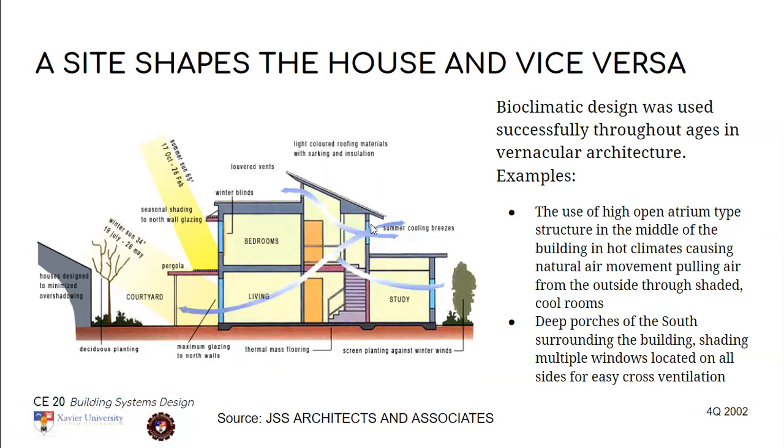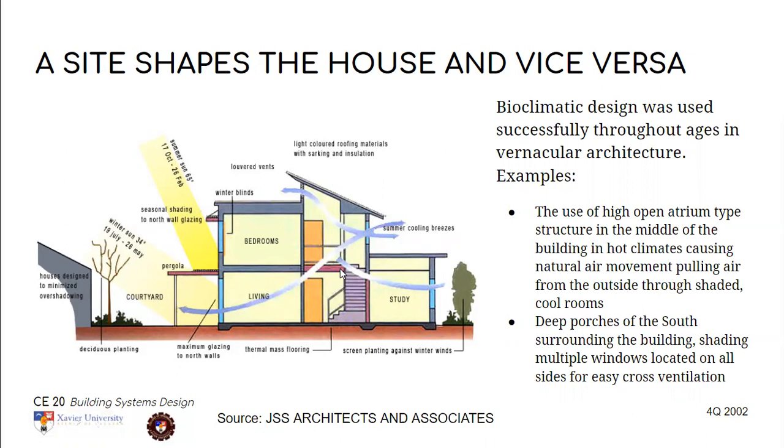In this orientation, warm air will rise instead of being contained inside the house or inside the building, and there are louvered vents which are located on the roofs or even on the higher walls so that the warm air can flow out instead of in.